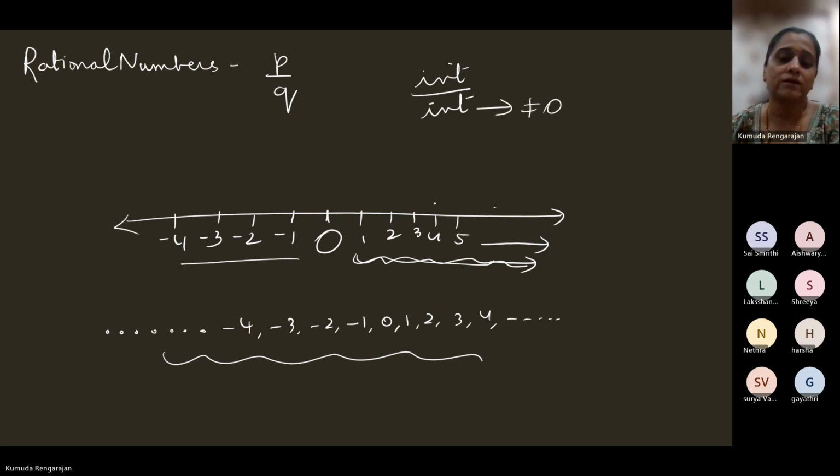Now a rational number is said to be in the simplest form if the numerator and the denominator have no common factors other than 1. So we're talking about the simplest form of a rational number.